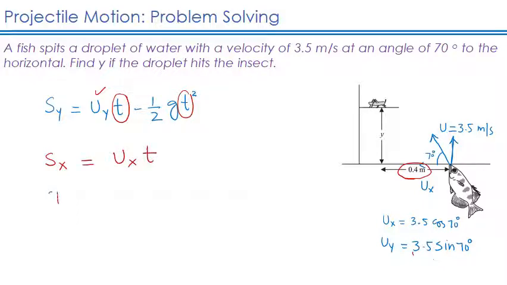So we can find t if we know the horizontal distance and the horizontal speed. Both the quantities we know in this question. So this is 0.4 which is given to you, and ux is 3.5 cosine 70 degrees. So finding the value of t and then using the value of t over here, which gives you the vertical velocity.